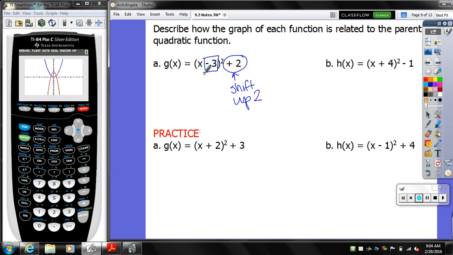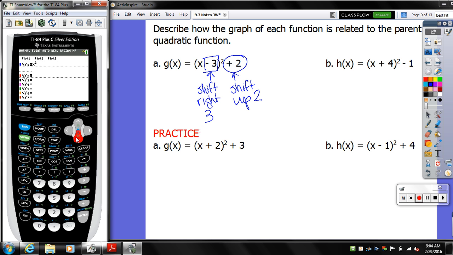Then this minus 3, since it's inside our parentheses, is going to shift to the right 3 units. If you want to check that, we'll check this first one. So I'm going to graph that in y2. So I've got parentheses x minus 3 plus 2.